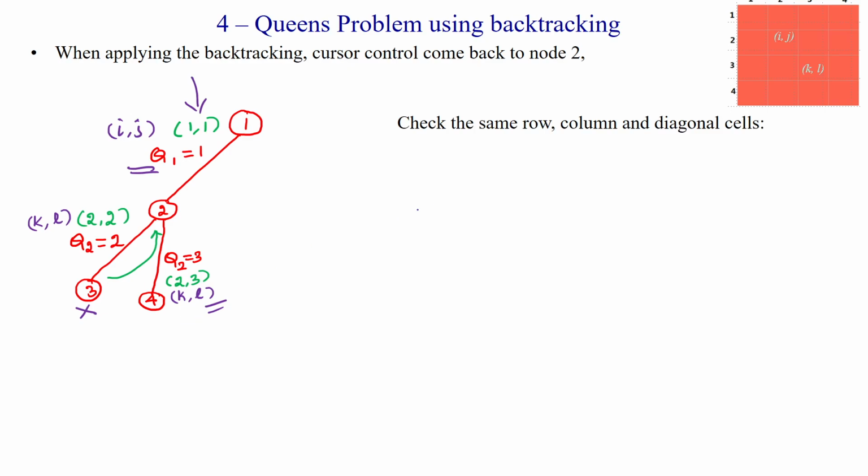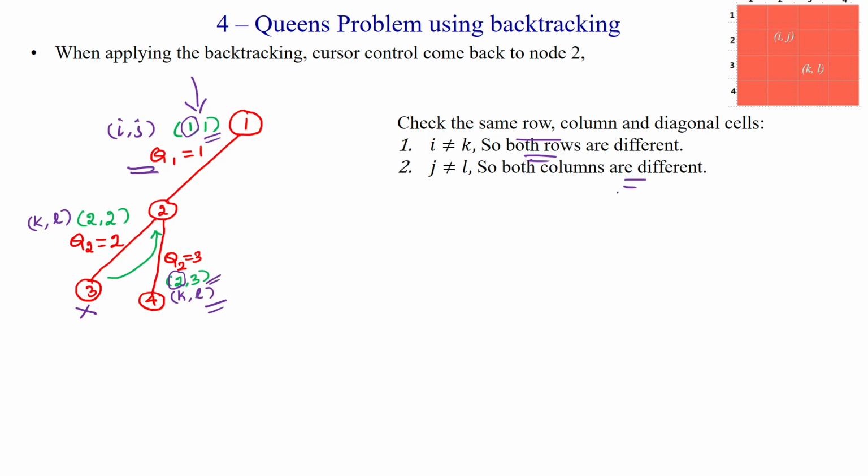Now we check the condition, same row or same column or same diagonal, right. Here the i value and k value are different, so they are in different rows, and here the j value and l value are different, so they are in different columns.